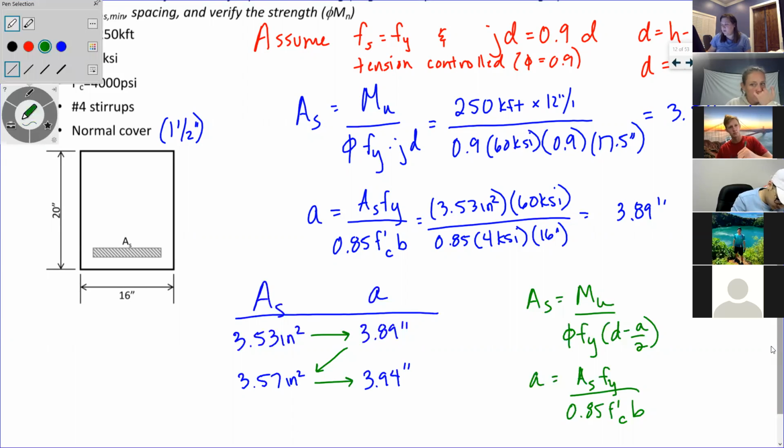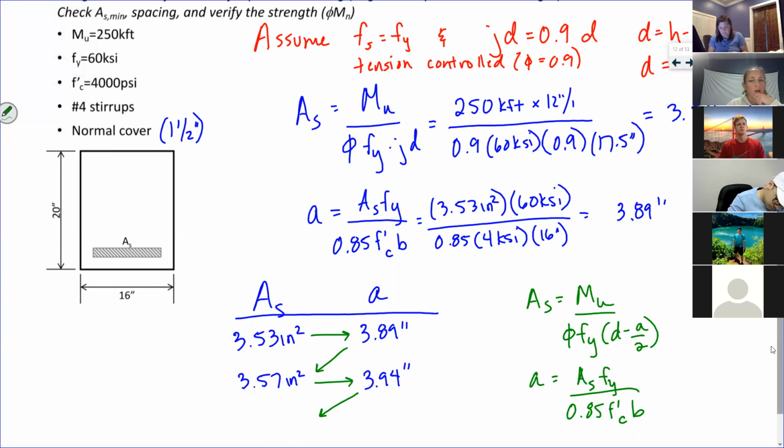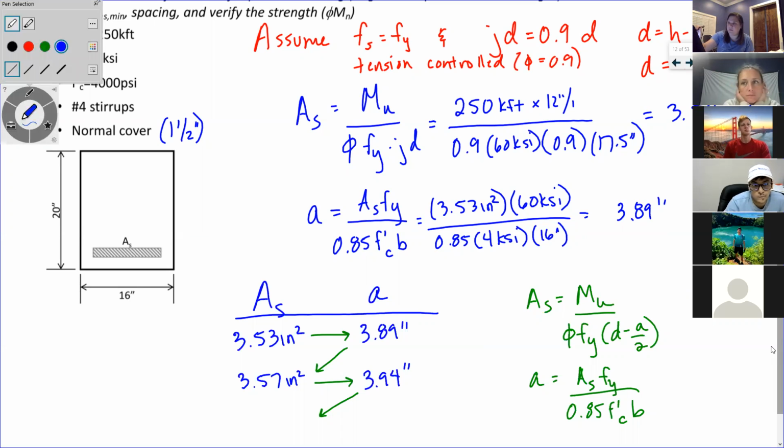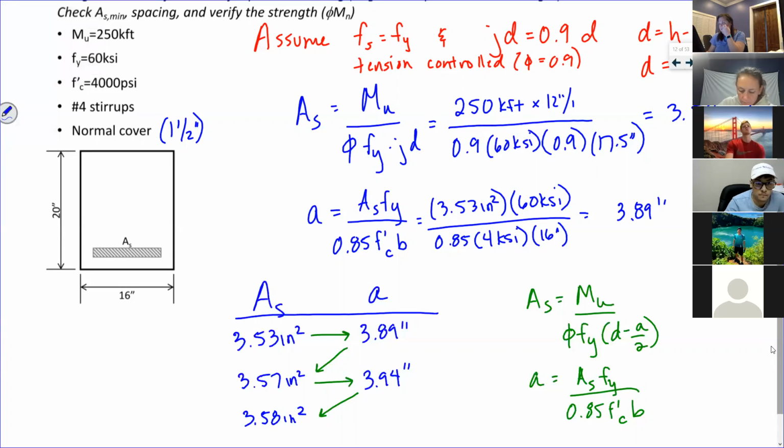If you keep going, and 250 times 12, I get 3.5. I mean, we're converging basically, because it doesn't even matter because we have to choose bars anyway. So I guess we chose a pretty good guess for our jd.